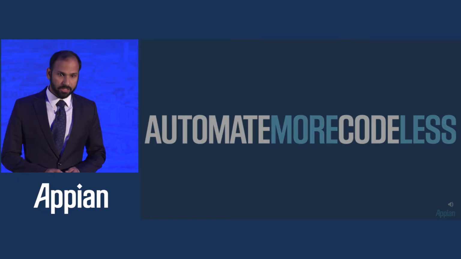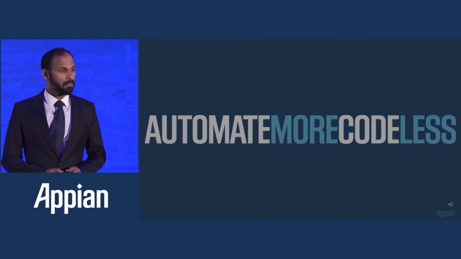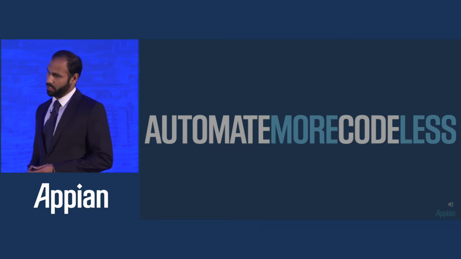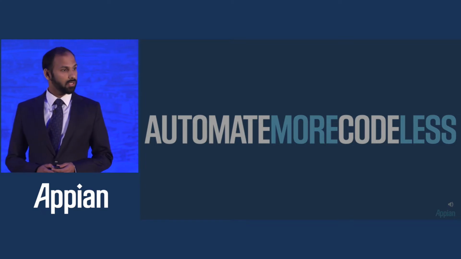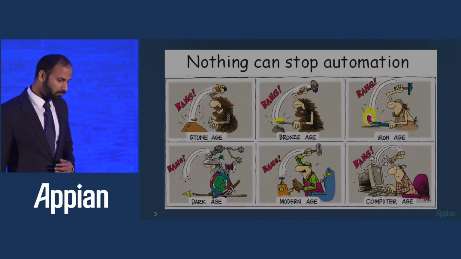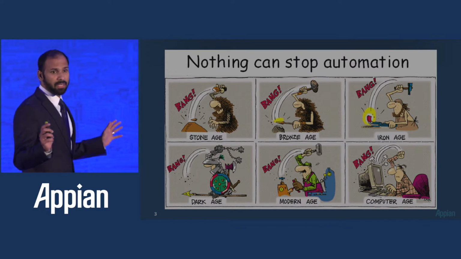And today, I want to talk about how you take the journey in organizations towards automation. Now, you all know automation is a buzzword for the year, and nothing is going to stop that.